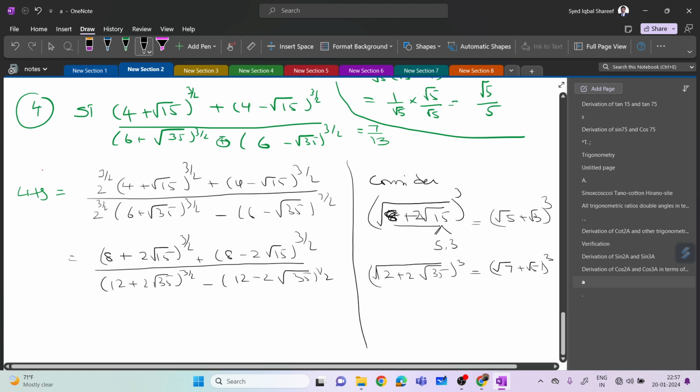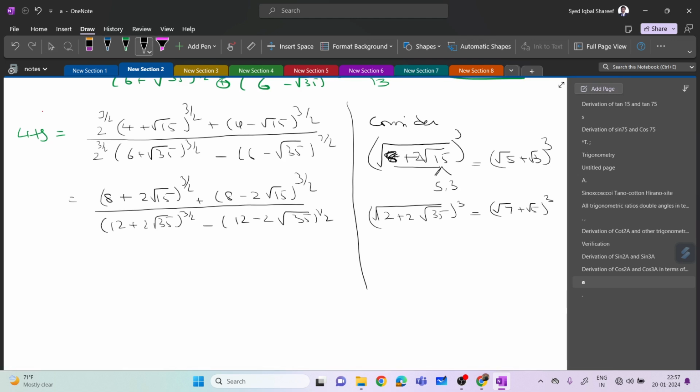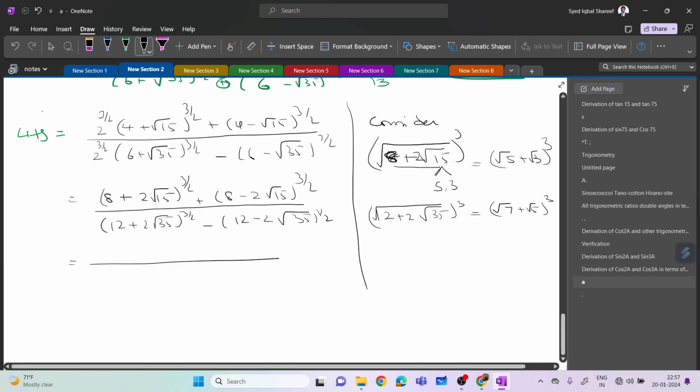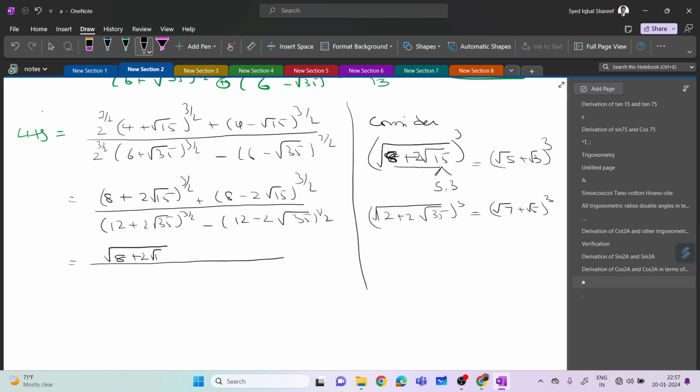So now, what is our problem? Now our problem is reduced to, so now we can write this thing: 8 plus 2 root 15 to the power of 3, 8 minus 2 root 15 to the power of 3, 12 plus 2 root 35 to the power of 3 with the root, then minus 12 minus whole cube.